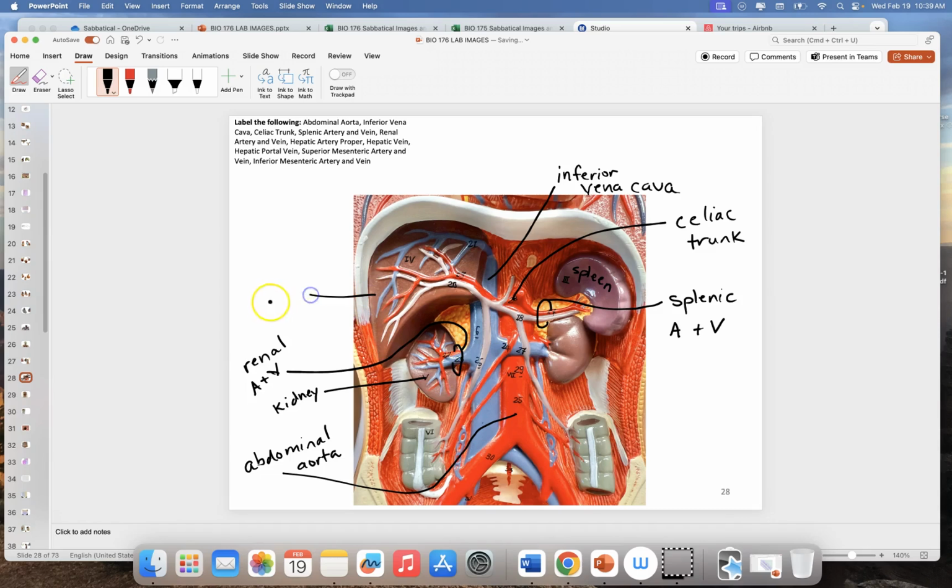This organ here is the liver. That then is going to help us label these vessels here. This vessel on the top is going to be the hepatic vein.